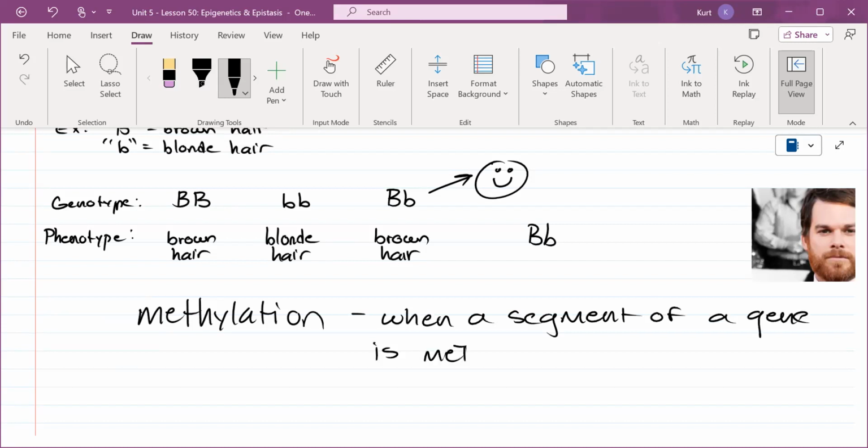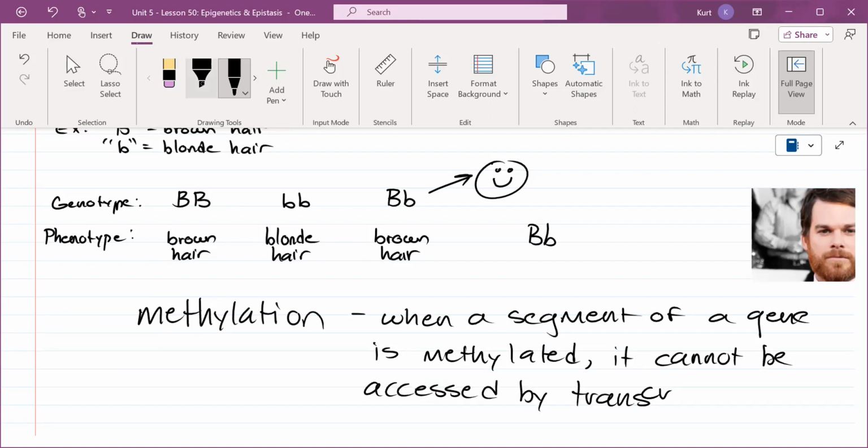When a segment of a gene is methylated, you cannot imagine how confusing this is to write. It cannot be accessed by transcription factors.